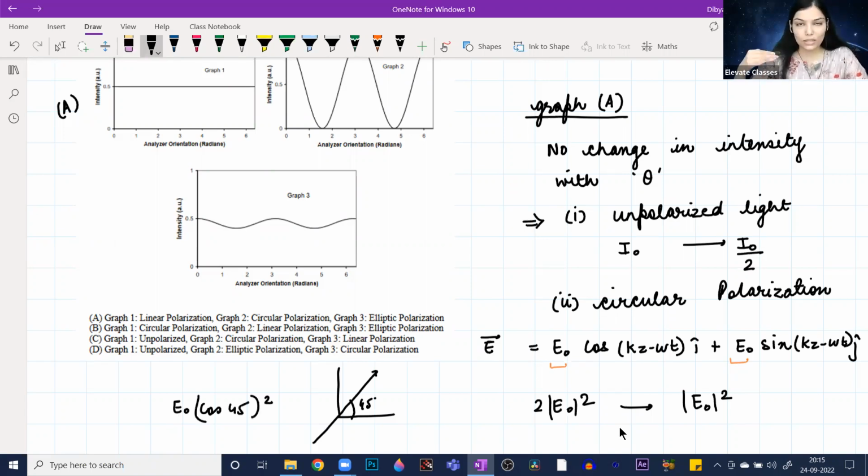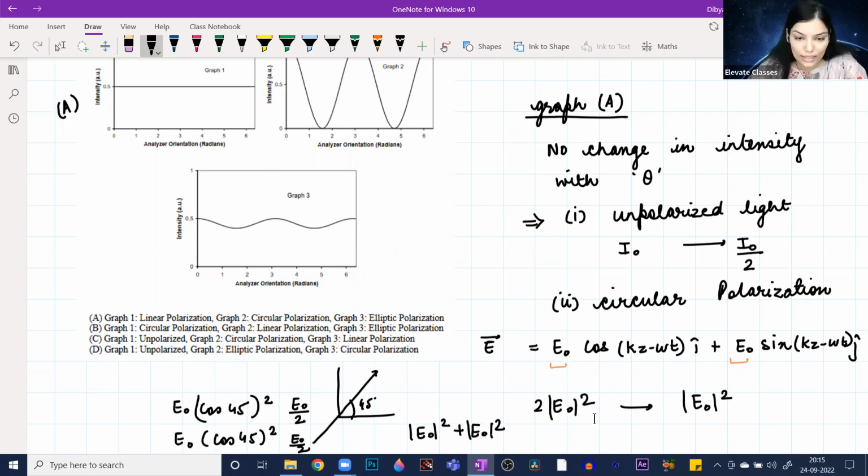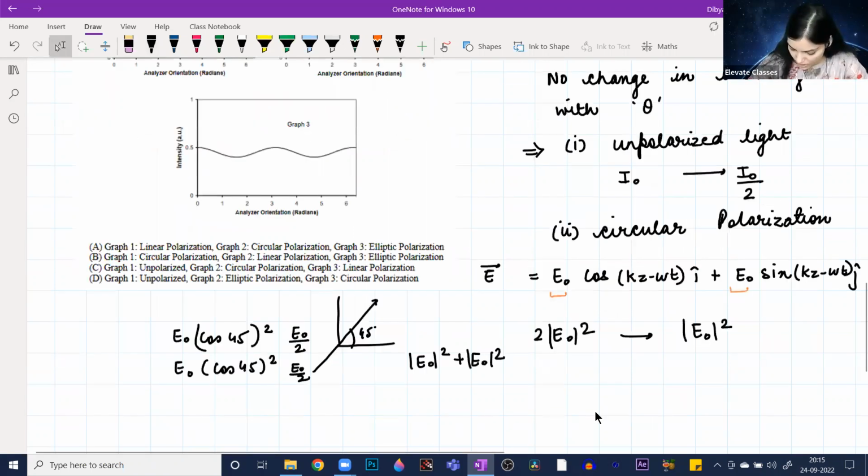That is going to be the Malus law. I'm applying Malus law on the i component. So that will give me this. And if I apply Malus law on the second component, that will also give me cos 45 square. So this is E0 square by 2 and this is E0 square by 2. Again, when I add them, I'll get E0 square, what will I get? By 4 आ जाएगा.